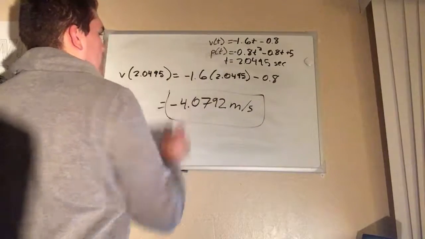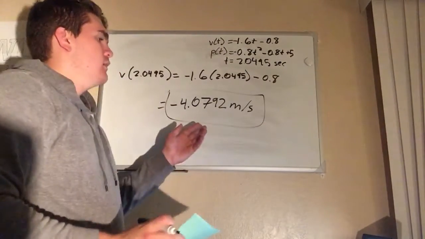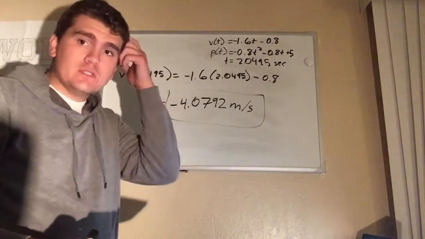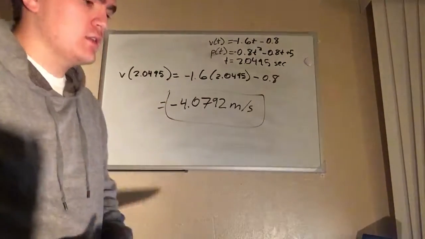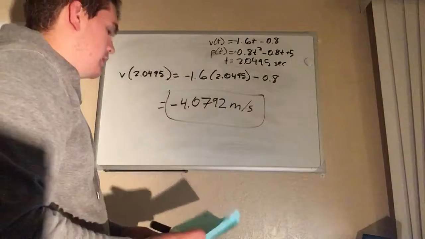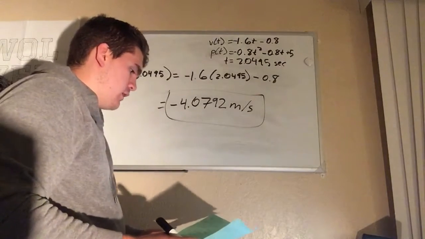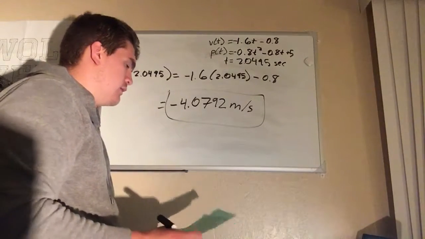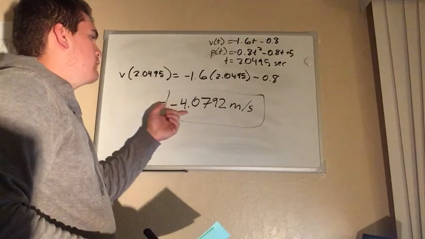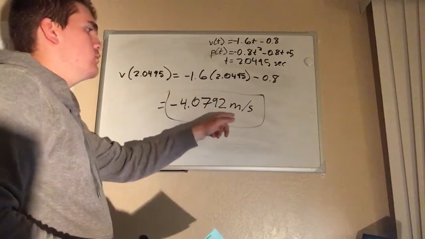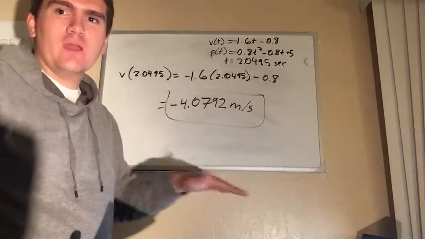And that's your answer. So this lunar lander, since it shut off its engine and it's moving still pretty fast and it gets affected by gravity, it'll be going negative 4.792 meters per second right when it hits the ground.